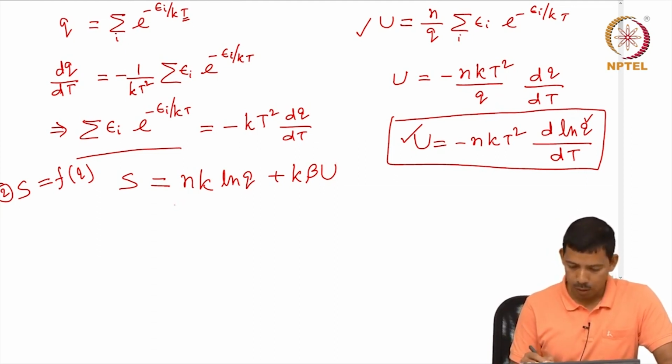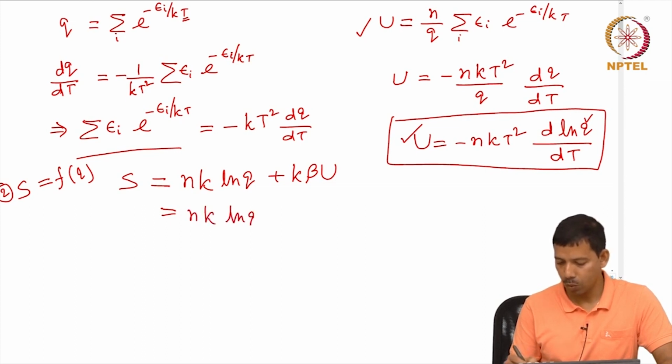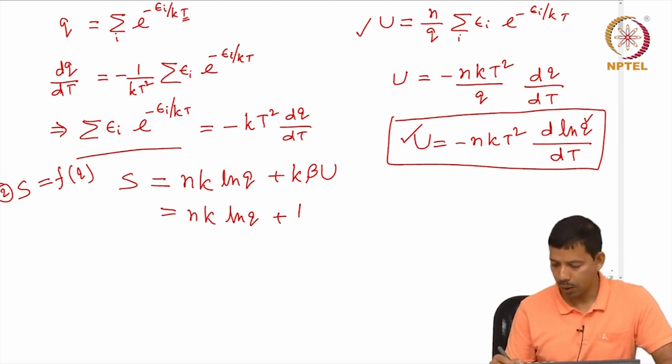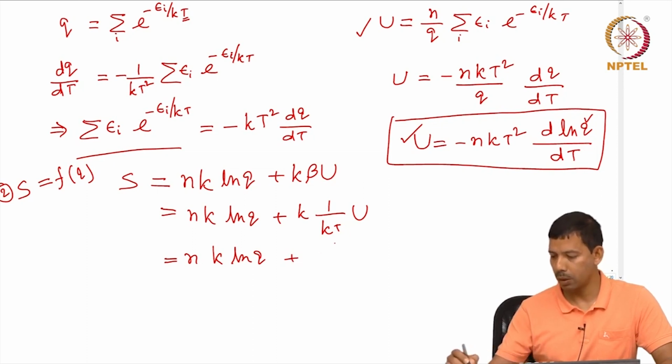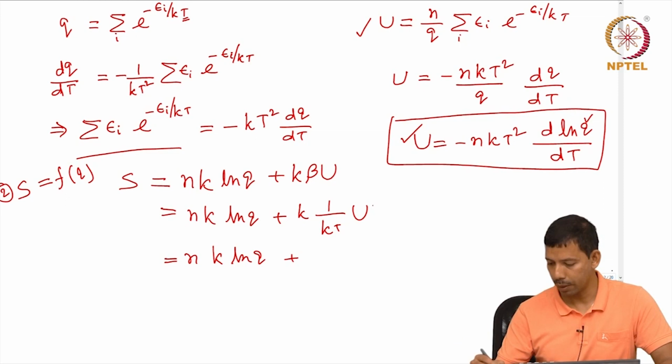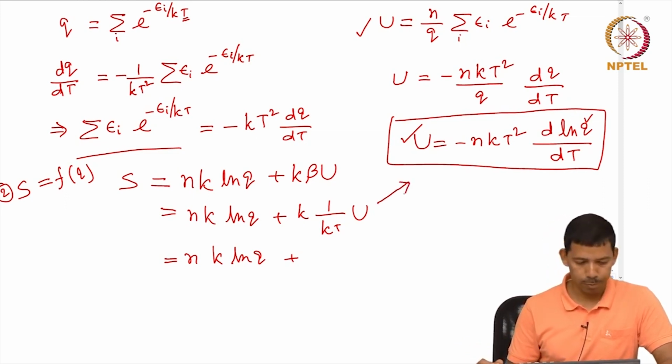So, we can write entropy as S equal to nk ln q plus k beta U, and k beta is equal to 1 by kT. So, nk ln q plus 1 by T times U, where U we take from this expression.